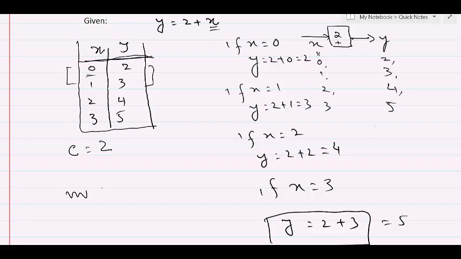So m is equal to 3 minus 2 over 1 minus 0, that is equal to 1 over 1, which is equal to 1. Or in other words, if you look at the equation, this coefficient right here, which is 1, is the m value, and the other number which is independent of x is the c value.